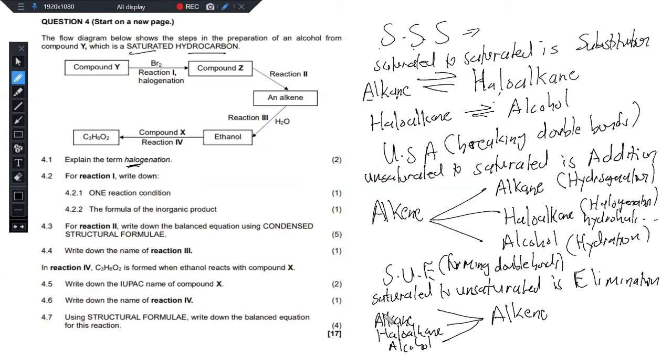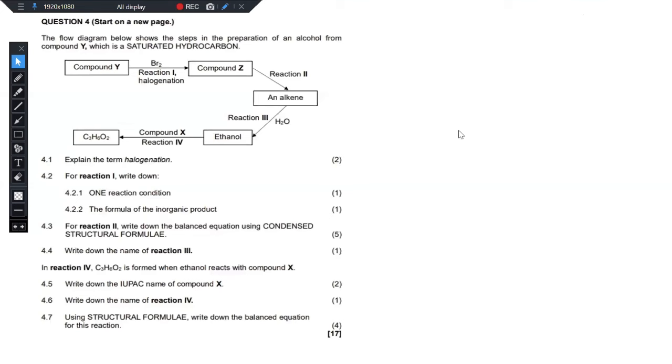So in this case, you are moving from an alkane, a haloalkane or an alcohol to an alkene. If you are moving from an alkane to an alkene, it is a dehydrogenation reaction. Remember, this was hydrogenation; now it's D, meaning that you are eliminating the hydrogens. If you are moving from a haloalkane to an alkene, this is what we call dehydrohalogenation. Okay, a small diversion there, but let's go back to our question.